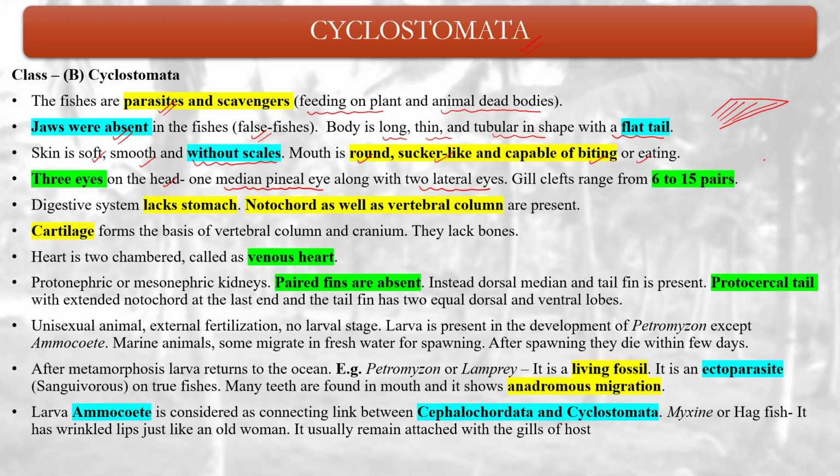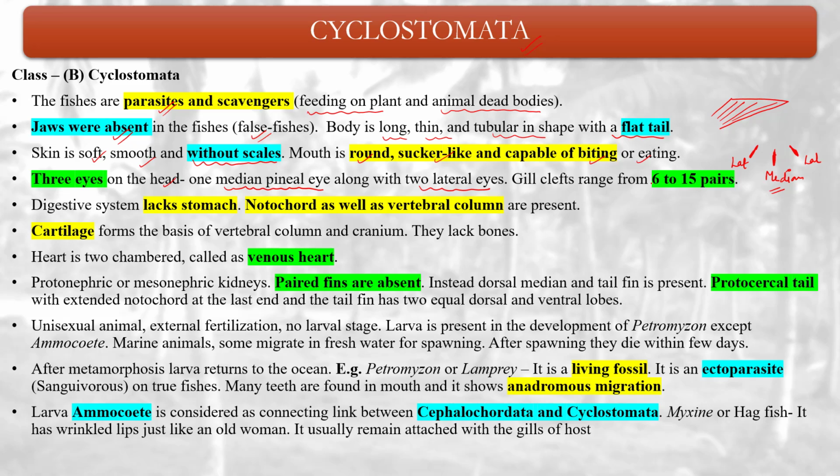For example, if this is the middle position, there is 1 eye in the middle and 2 eyes on the lateral sides. So this is the median and these are the lateral eyes. Understood?